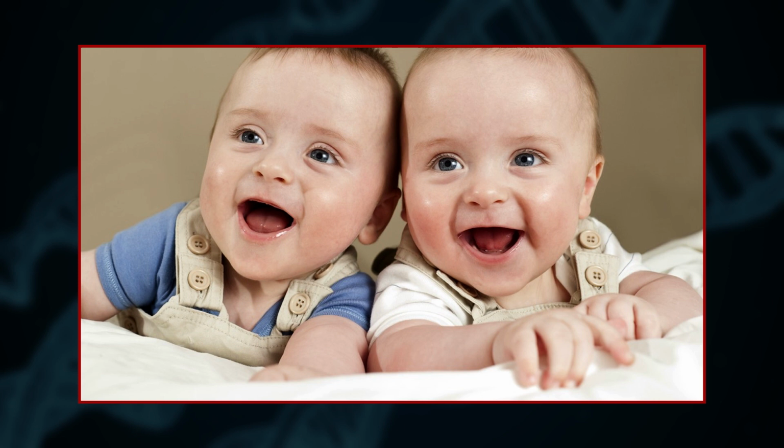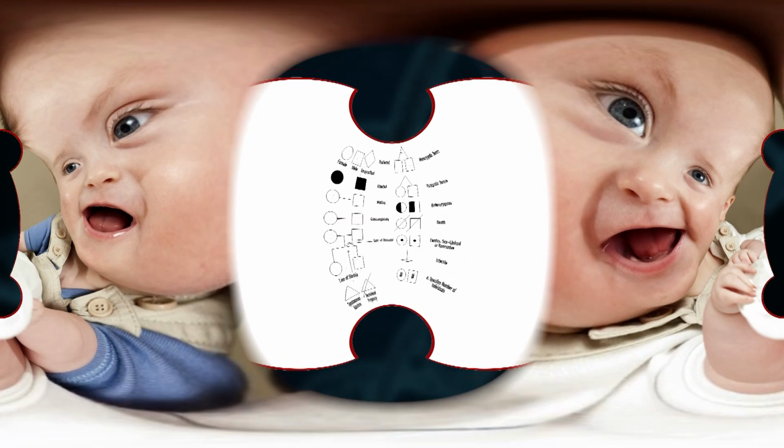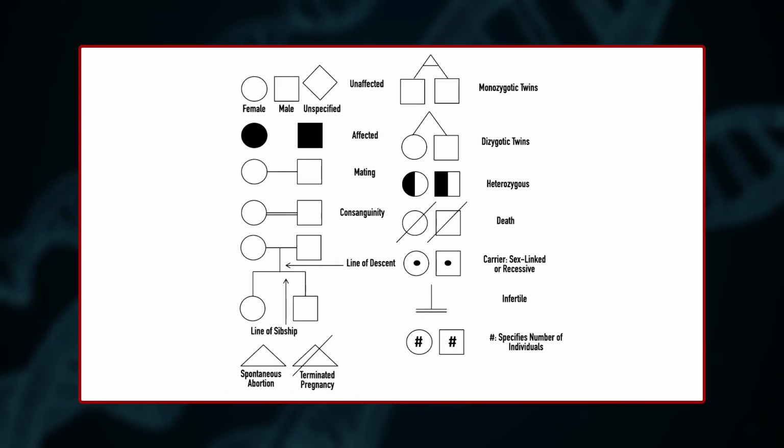If the offspring are twins, then they will be connected by a triangle. If an offspring dies, then its symbol will be crossed by a line. If the offspring is stillborn or aborted, it is represented by a small triangle.